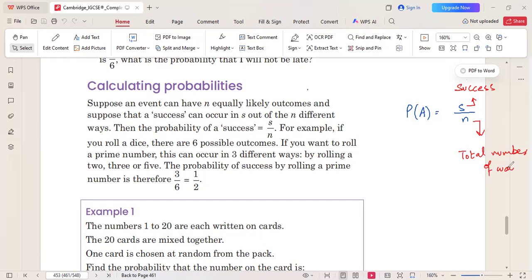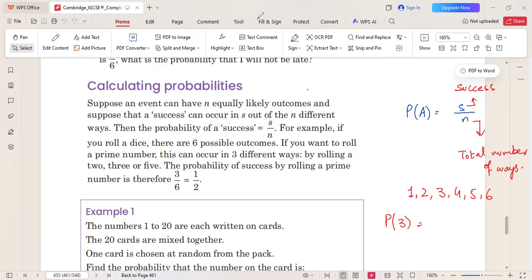With a simple example, if we roll a die, how many total possibilities will we have? 6 possibilities: 1, 2, 3, 4, 5, and 6. Total 6 ways. Suppose we want the probability of getting a 3 when we roll a die.